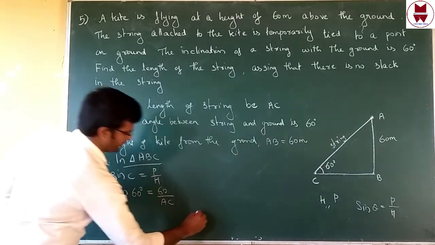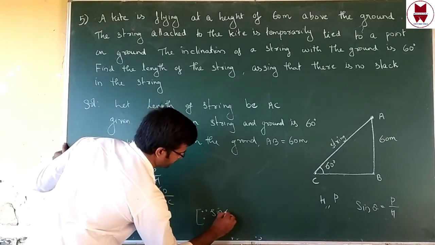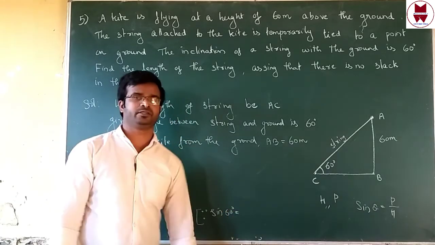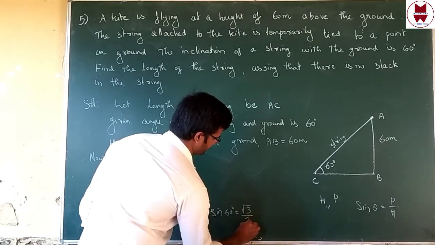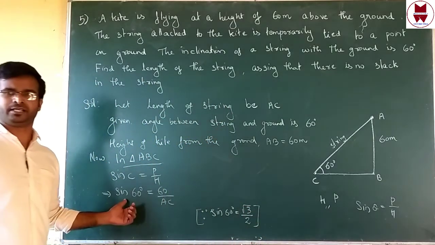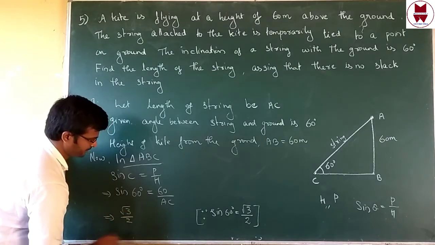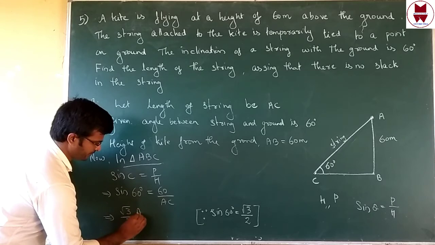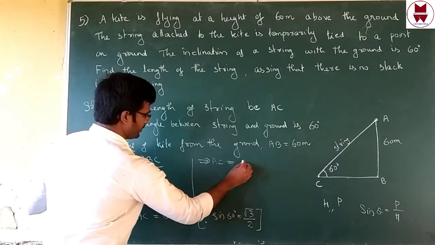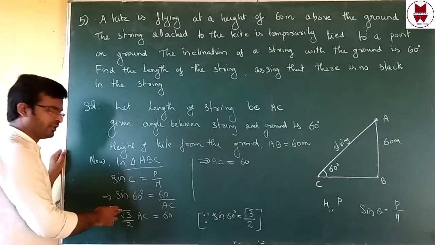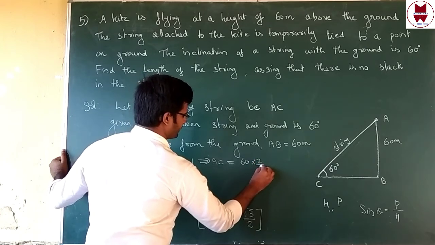Sine 60 value, from that table you will get sine 60. What is sine 60 value? Already you have studied. Sine 60 is root 3 by 2. That means in this place we can write root 3 by 2. This AC, bring to left side into AC, then remaining 60. AC equal to 60 into 2 by root 3.